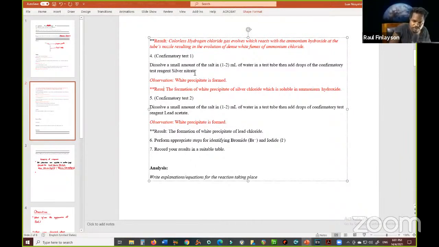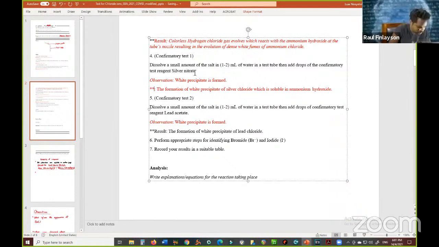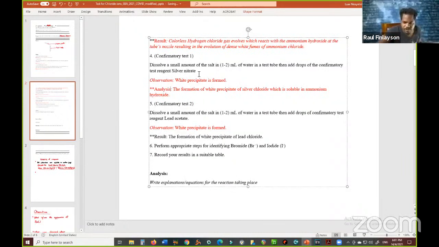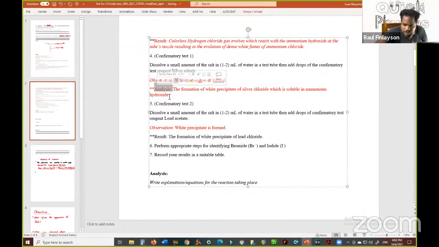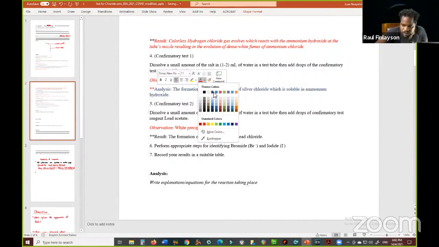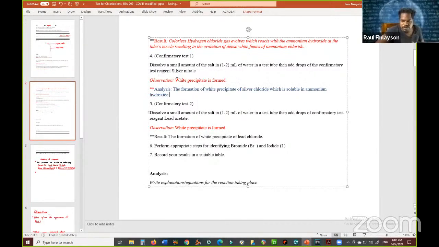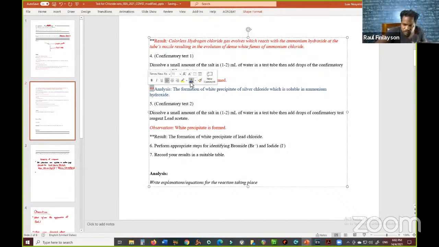This part will go in the analysis. I might need to change this color too, because observation is all about color change, guys. It's going to be analysis. I'm going to put all of the analysis in blue and all the observations in red. And that could be in blue as well.